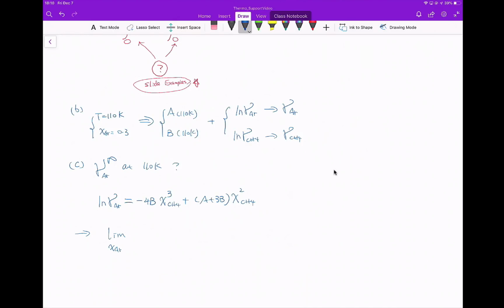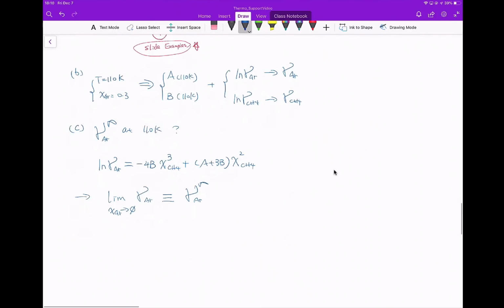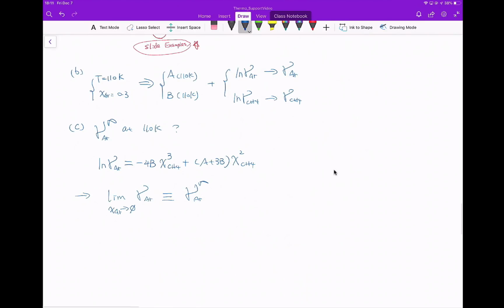So in order to calculate this, we have to push this to the limit of 0. This is named as the activity coefficient of argon at dilute, right? So in order to do that, we just use X argon is 0, well, X methane is 1.